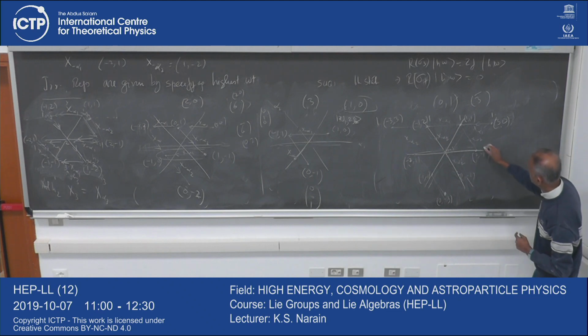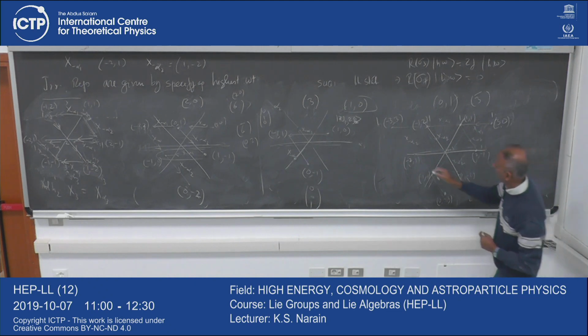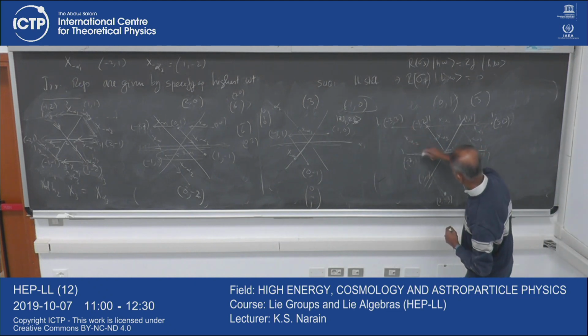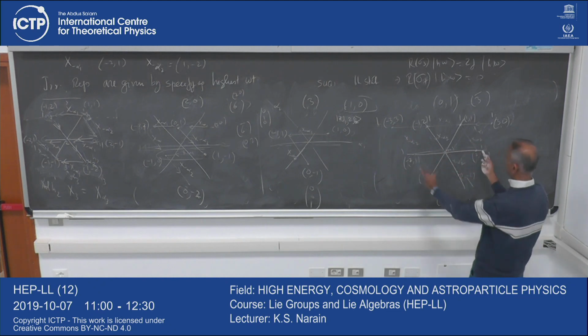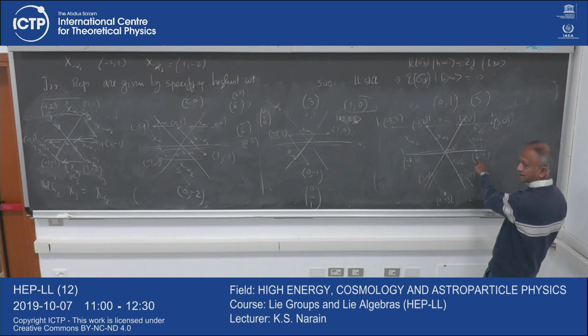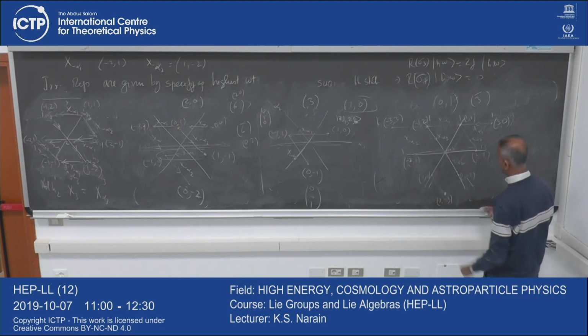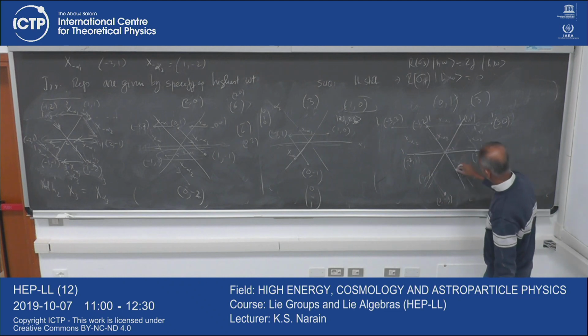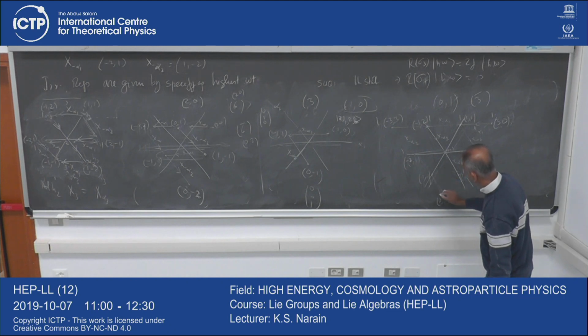This is again 1 because these two must have the same multiplicity with respect to this SU2. So 1 here. This is a triplet as far as this SU2 is concerned. This number must be the same as that number, and then this number must be the same as that.